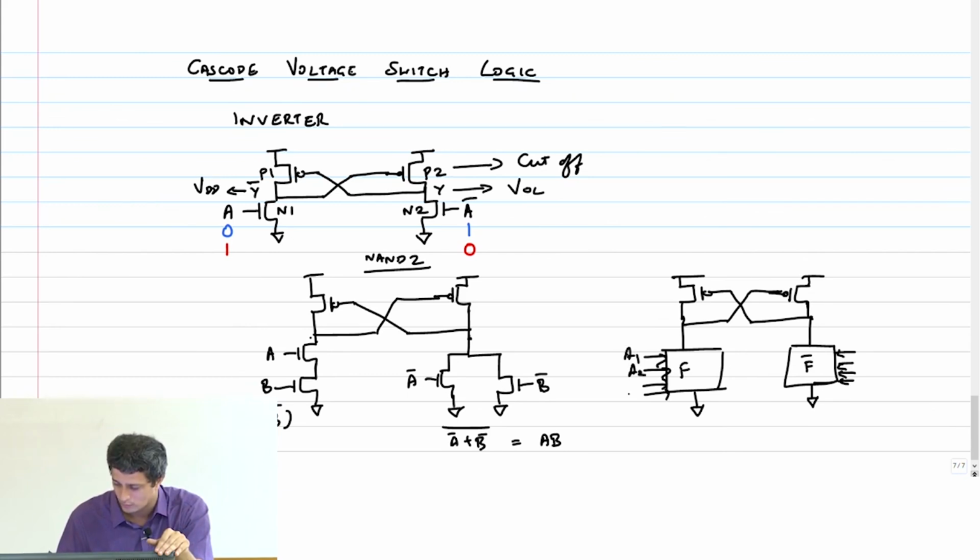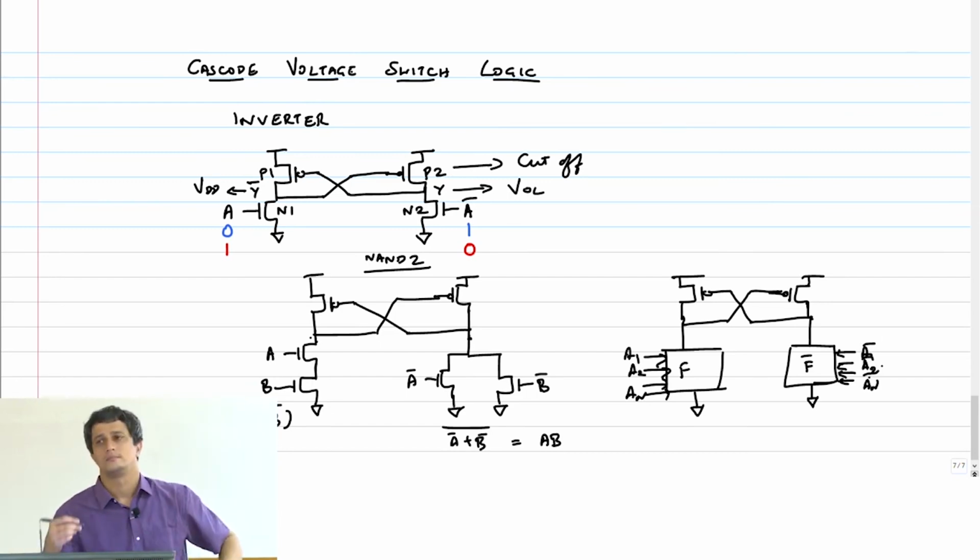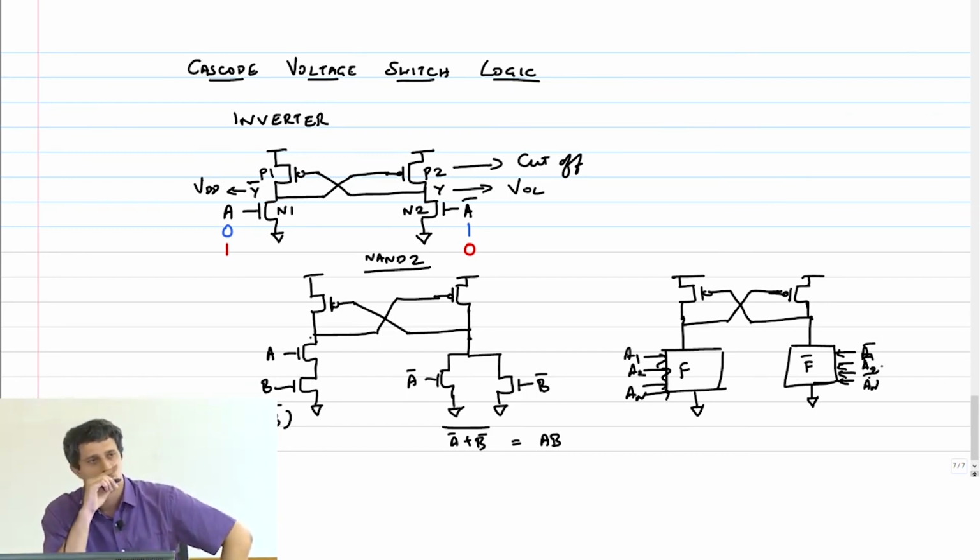A1, A2, AN, A1 bar, A2 bar, AN bar. So you can implement any arbitrary logic in a style similar to pseudo NMOS, but avoid all this static current. Of course, the key assumption we are making is both input and its complements are available out here.